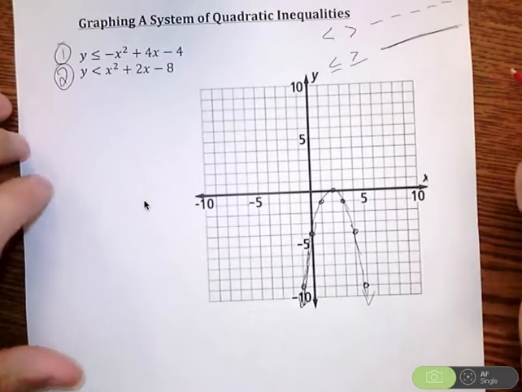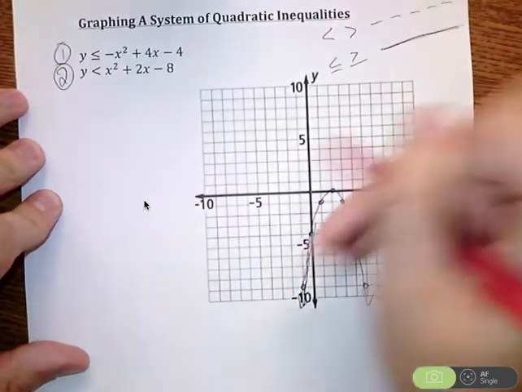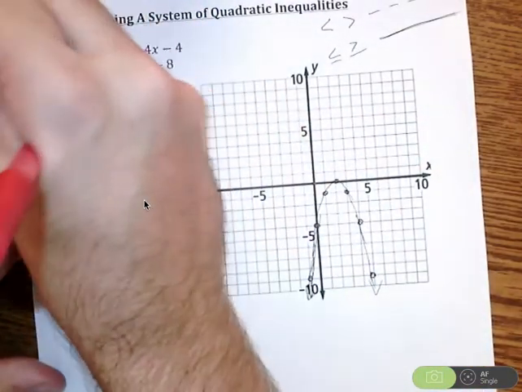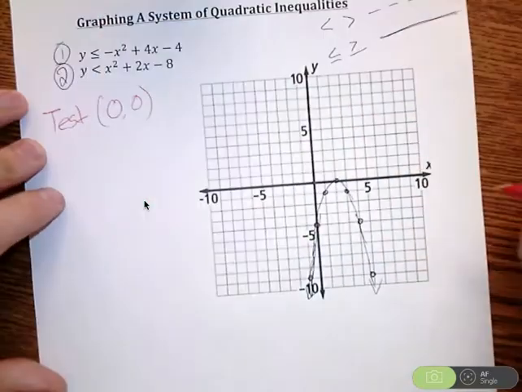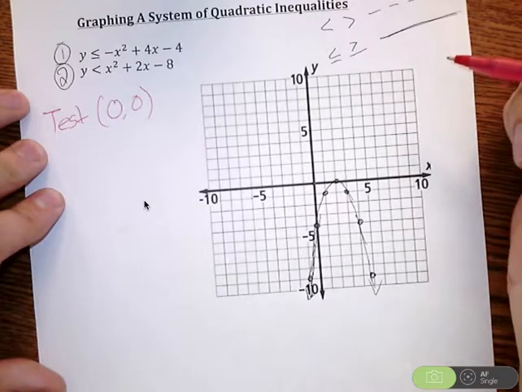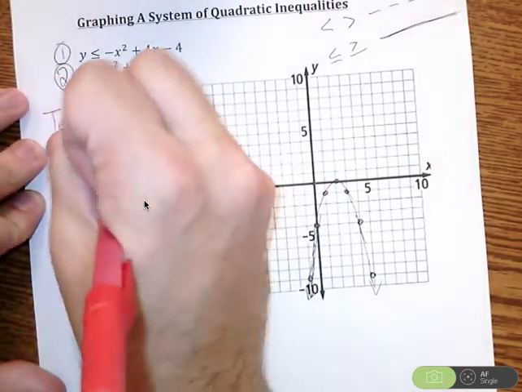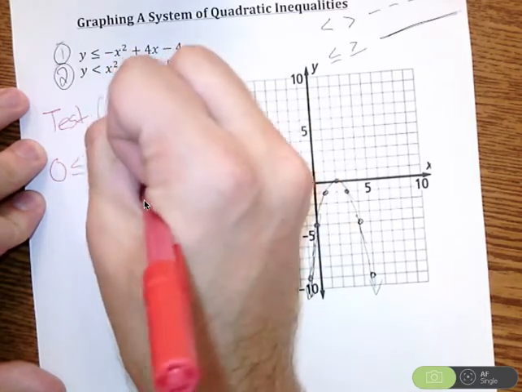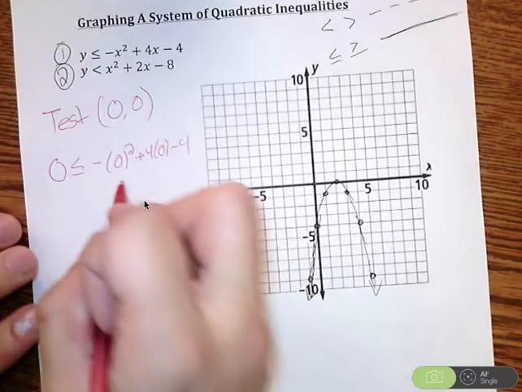Next thing I need to do is I need to test a point. So I'm going to test 0, 0, which right now is on the outside of my graph. I'm going to test that by plugging it into my inequality. So I'm going to have 0 is less than or equal to, and I'm going to simplify this.